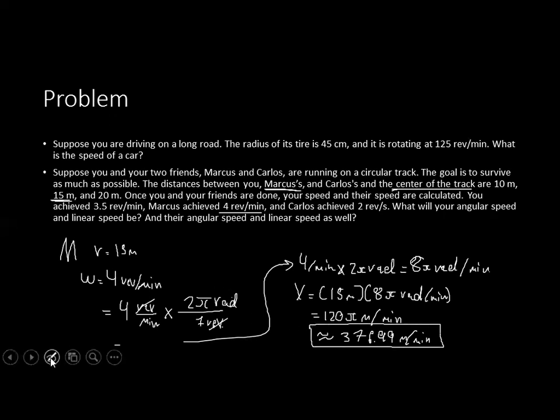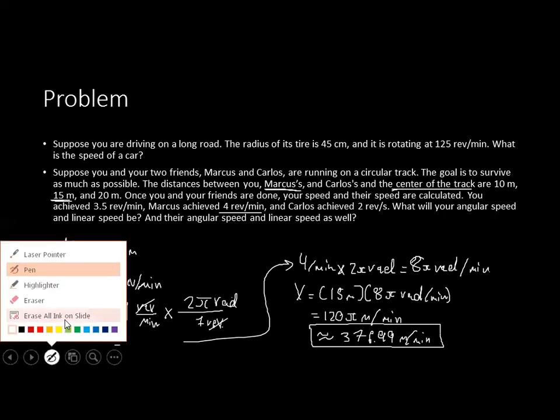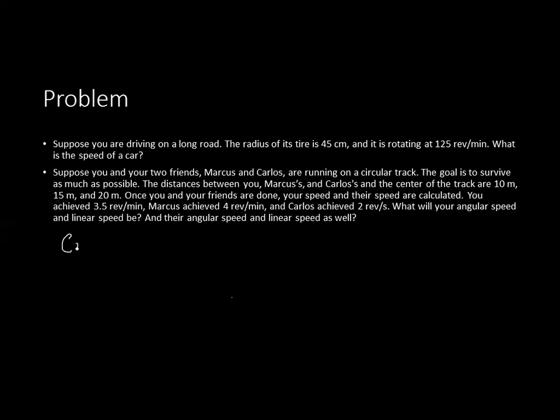Now, lastly, let's talk about Carlos. So for Carlos, I think you already know his angular speed. But let's start first with the radius. The distance between Carlos and the center is 20 meters.